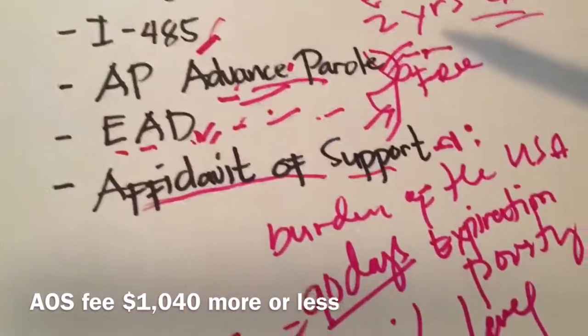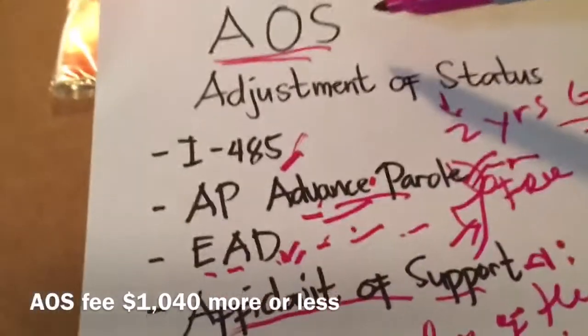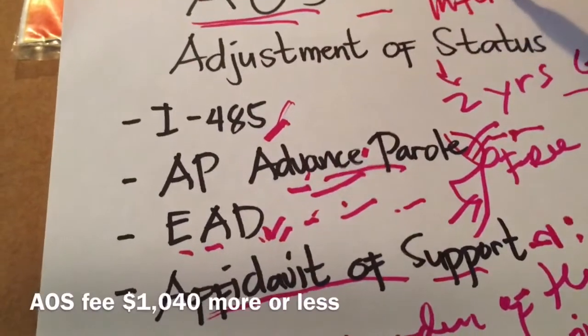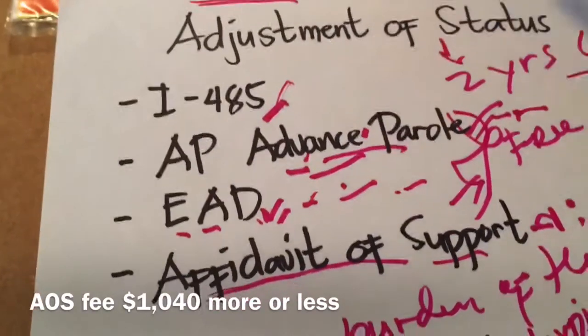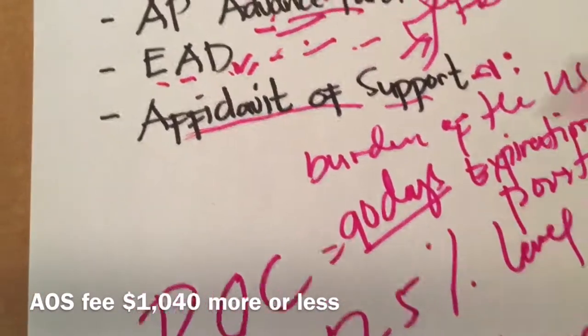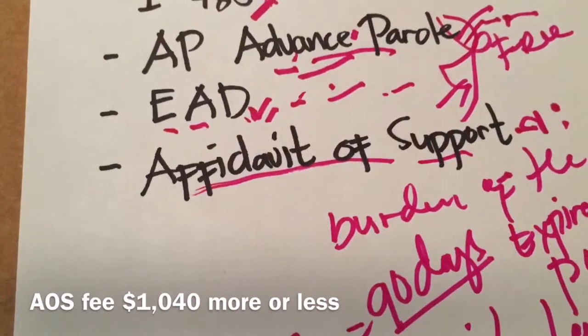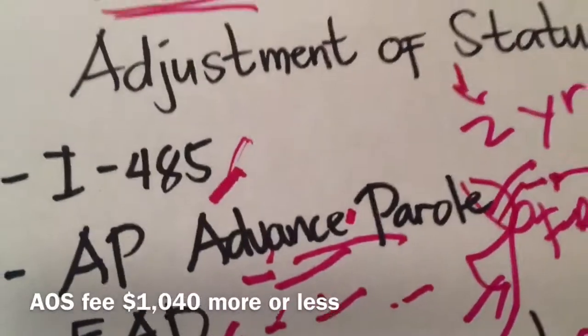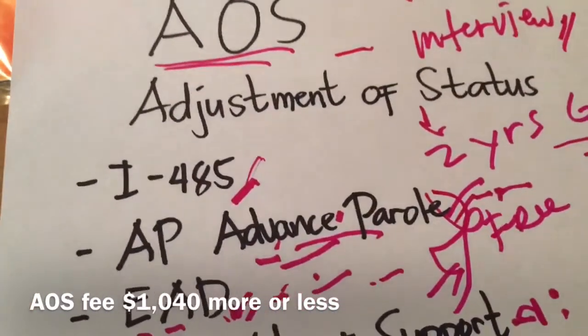Then I have to add, when you do the AOS, there might be an interview, as well as with the ROC. It depends on how your application looks to the officer.